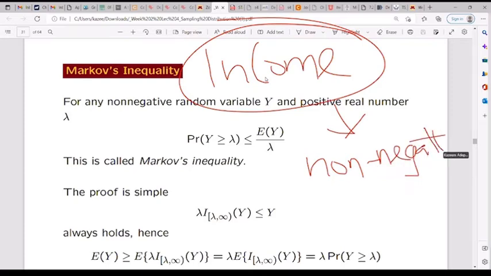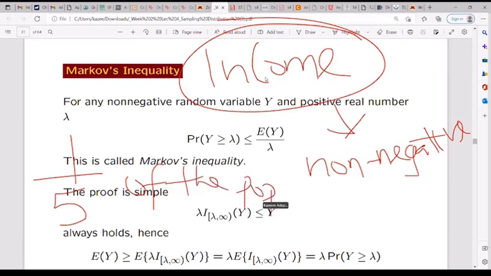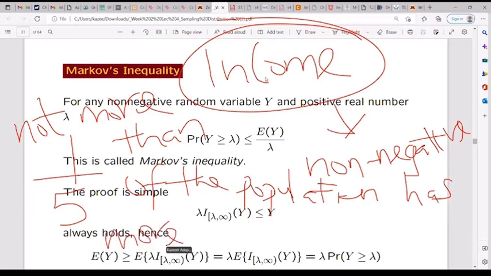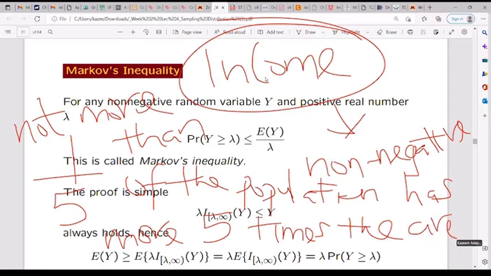We're trying to say, for example, that not more than 1/5 of the population has more than 5 times the average income. The average income, that's what we mean.